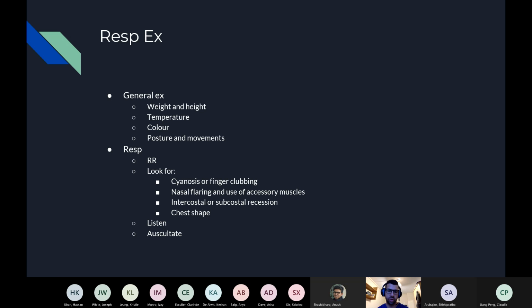Cyanosis we already talked about. Finger clubbing is just something they put in there. Nasal flaring, intercostal and subcostal recession, we're going to talk about in a second. Chest shape: any kyphosis or change in the chest shape could be reasons why they're having respiratory difficulties. Then you listen and auscultate, which are the same thing, but I put them both there.